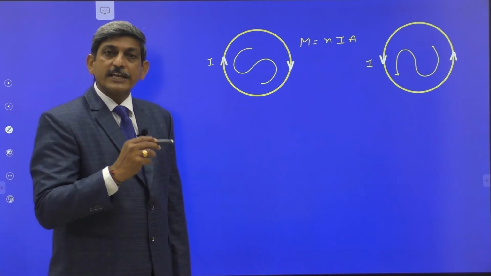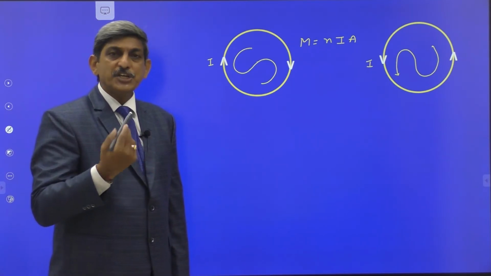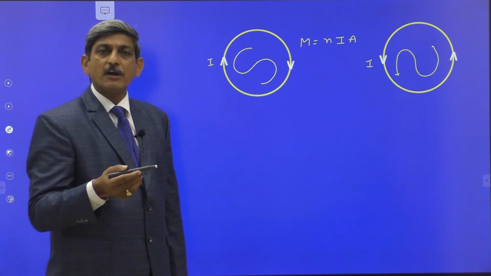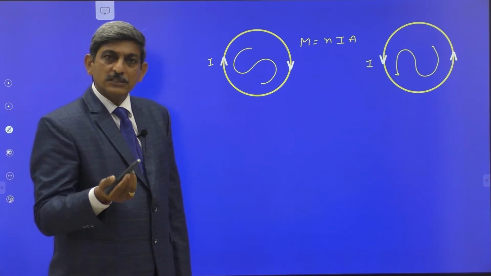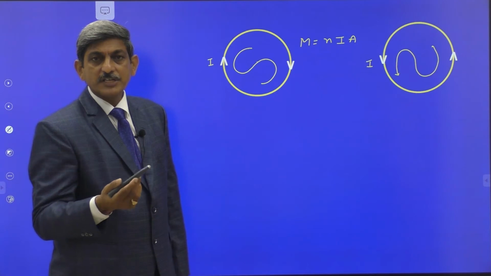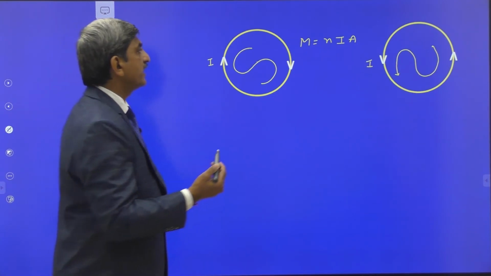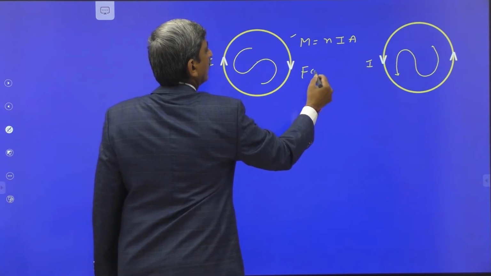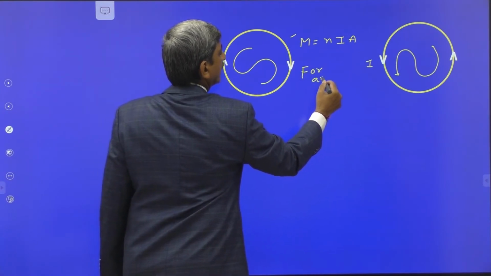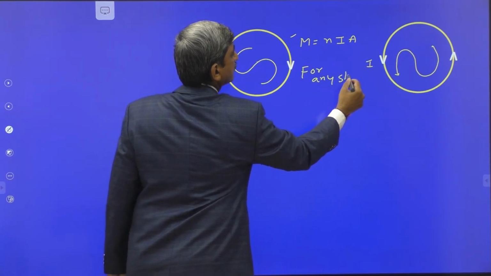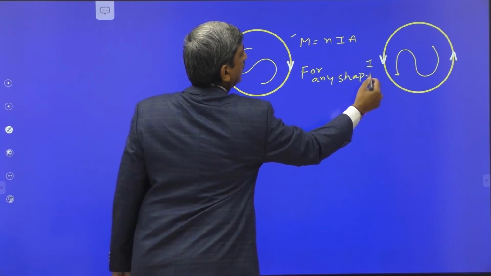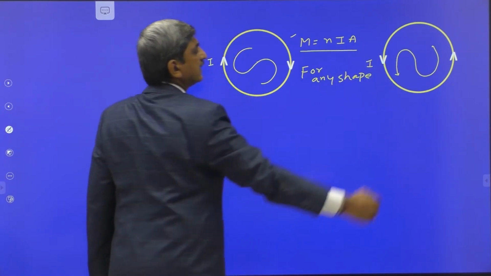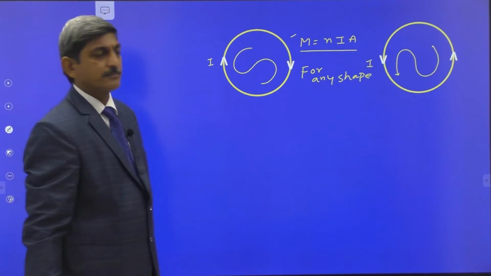The same formula is also valid for any shape of the coil, whether rectangular, square, or triangular. For any shape, we can use this formula to determine the magnetic moment of the coil.